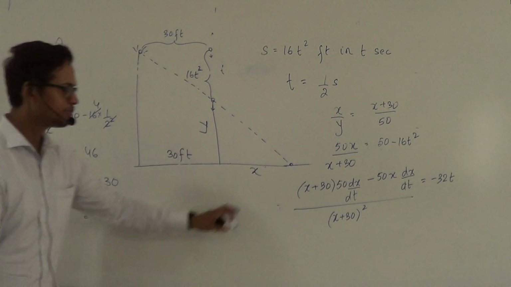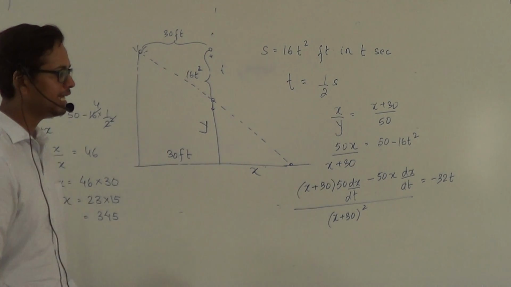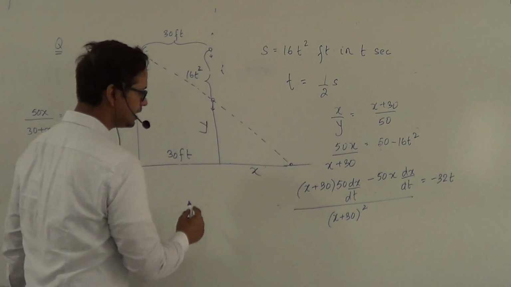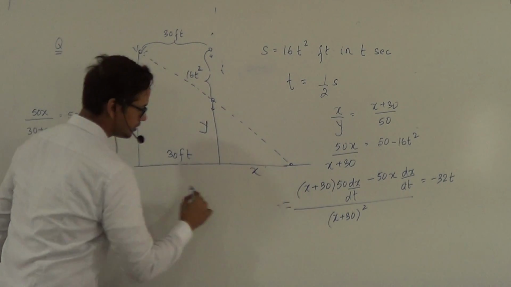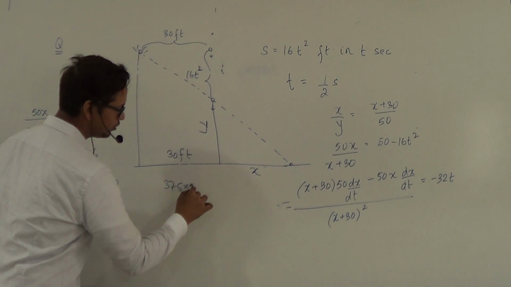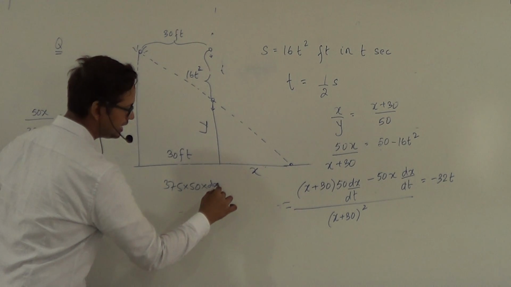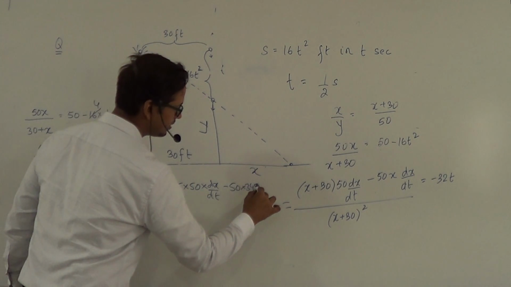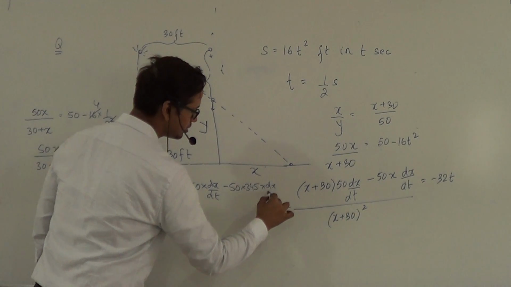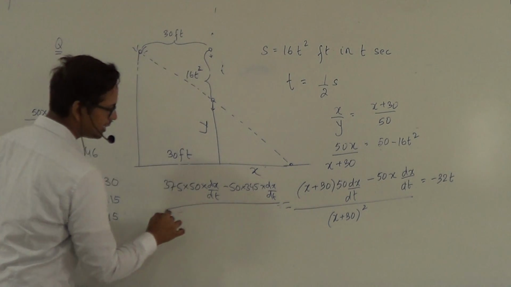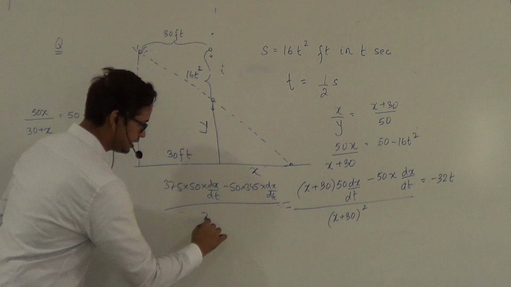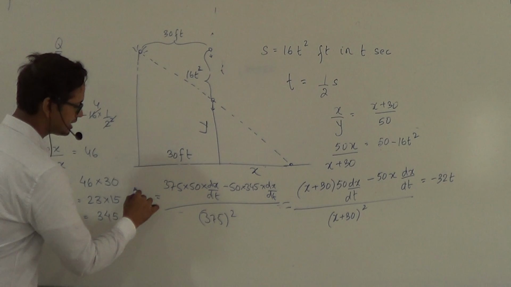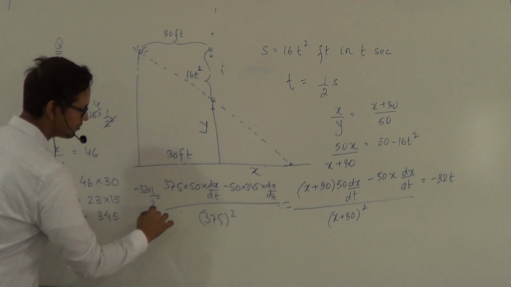Okay. Now substitute everything over here including t and x. So basically x is 345. So 345 plus 30 will be how much? 375. 375 into 50 into dx by dt which is unknown, minus 50 into 345 into dx by dt which is unknown, whole divided by 375 square is equal to minus 32 into half.